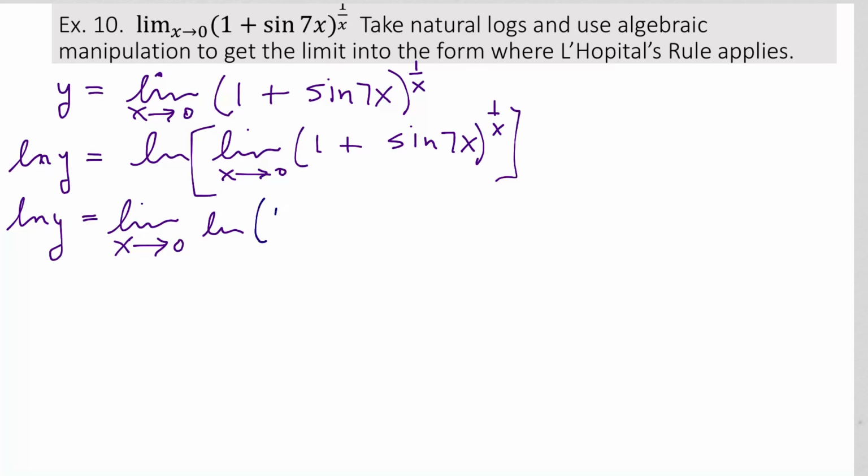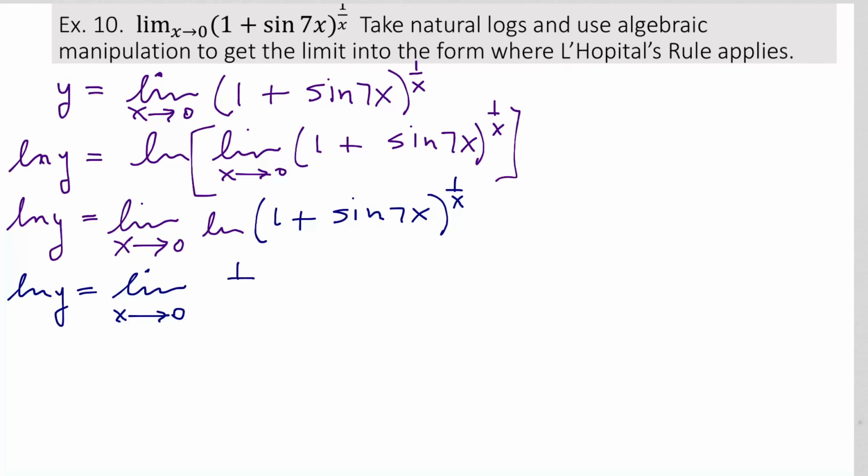So I've got 1 plus sine of 7x to the 1 over x. All right, so now I've got the natural log of y is equal to the limit as x approaches 0 of 1 over x times the natural log of 1 plus sine of 7x.